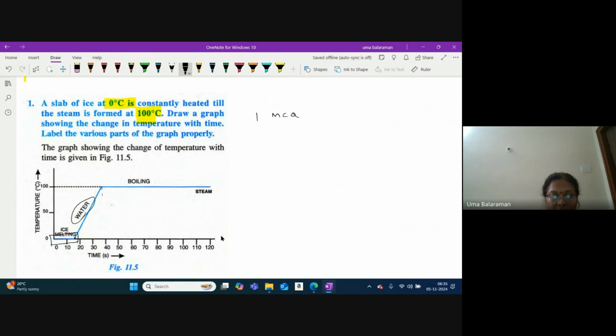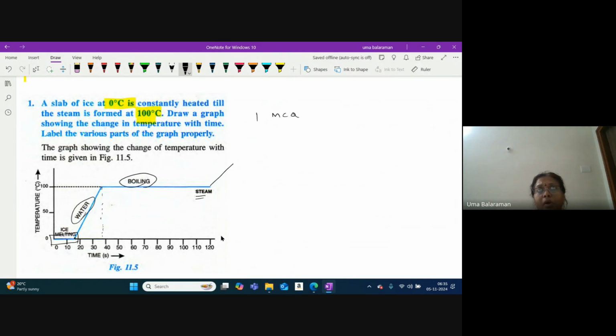And then after 38 seconds or so, it starts boiling and it is still steam. Maybe when all the water is converted to steam, it will increase, 102 degrees, 103 degrees, like that.